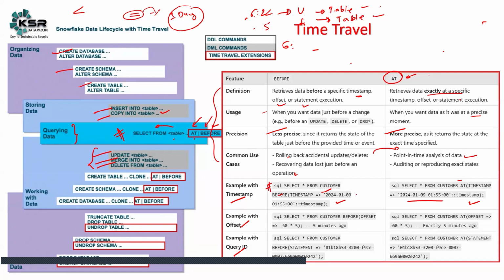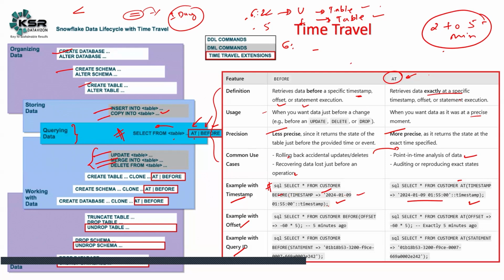Now, there is something called offset. Here I don't know the exact time that changes happened, but I know there is a duration between 2 to 5 minutes under which all my changes have happened.